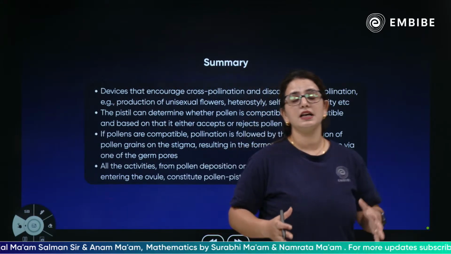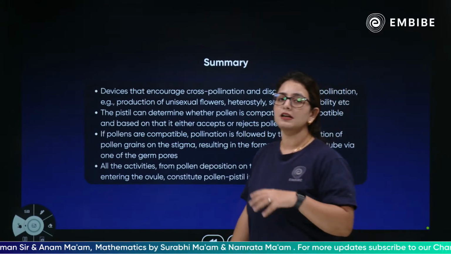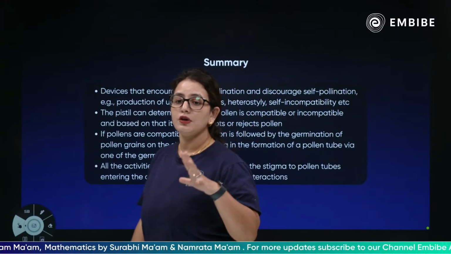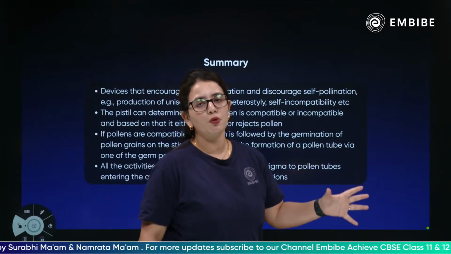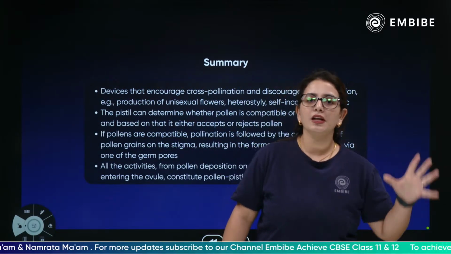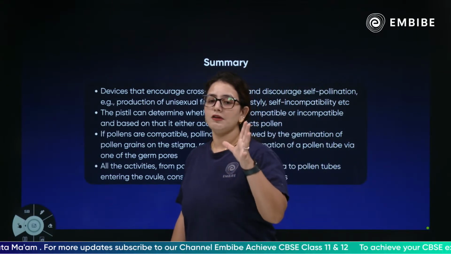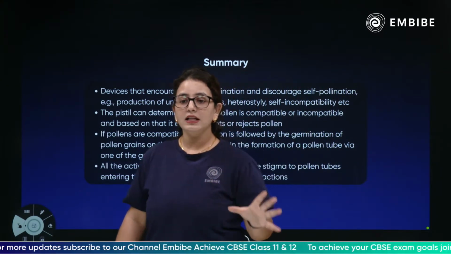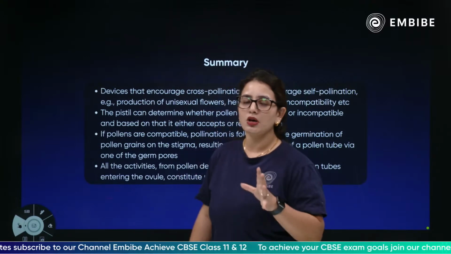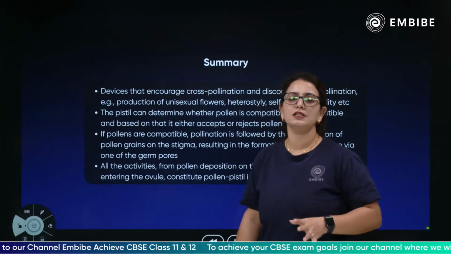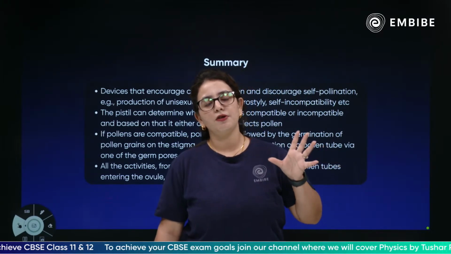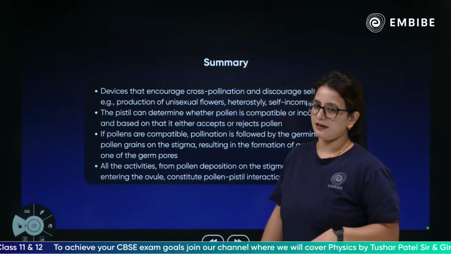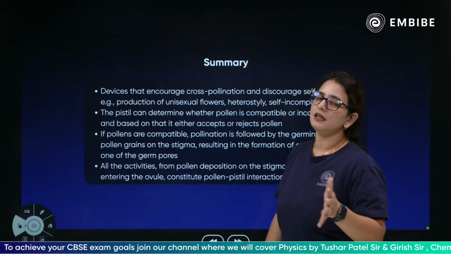If pollen grains are compatible, pollination will lead to germination of the pollen grain, which will form a pollen tube through the germ pore, and the male gametes will reach the egg cell for fertilization. The post-fertilization activities are only possible when the pollen germinates to fertilize the egg cell. So this is about the pollen-pistil interaction.